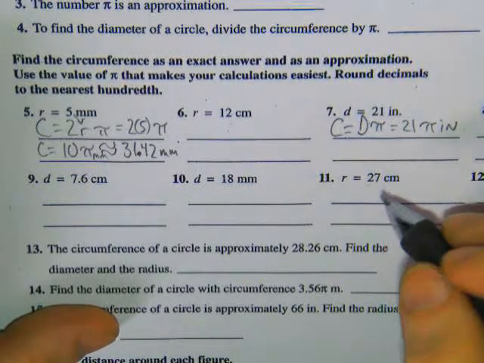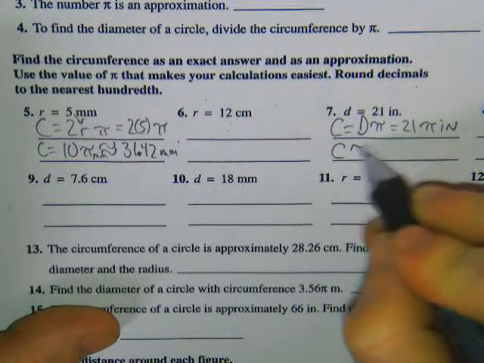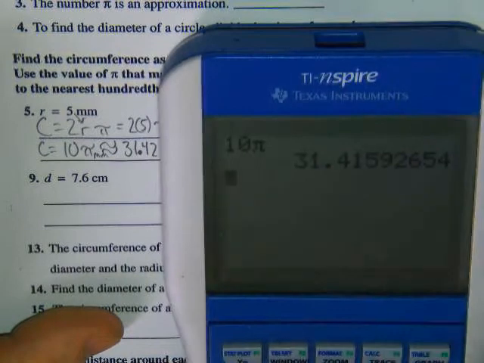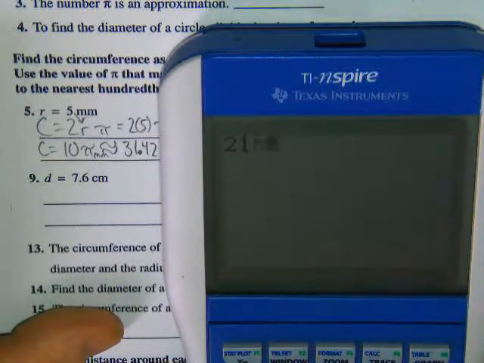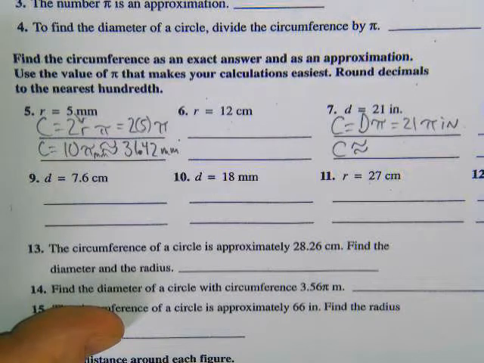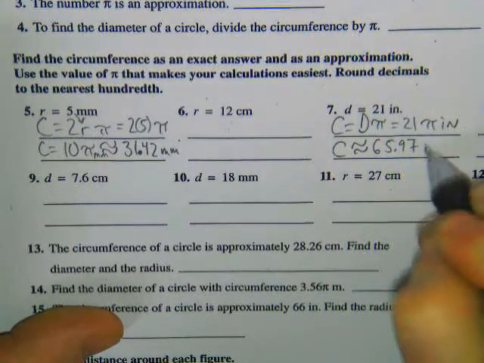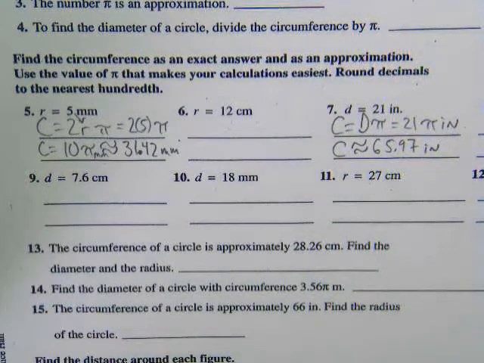So your circumference approximately is 21 pi, which is 65.97. The 3 keeps the 7 where it is. 65.97. There you go. Should get you rolling on the rest of these.